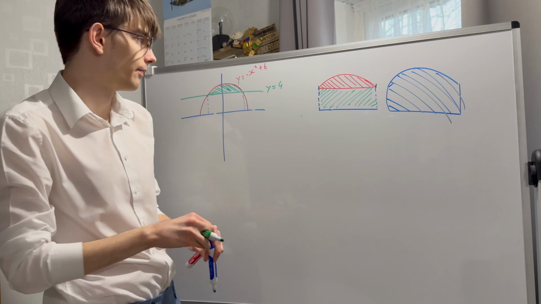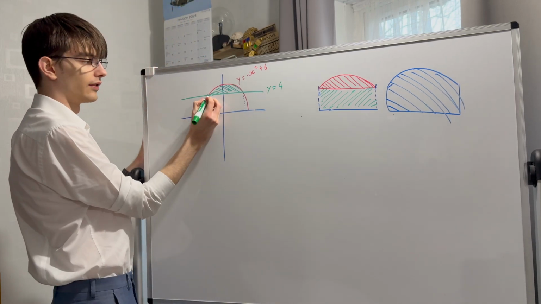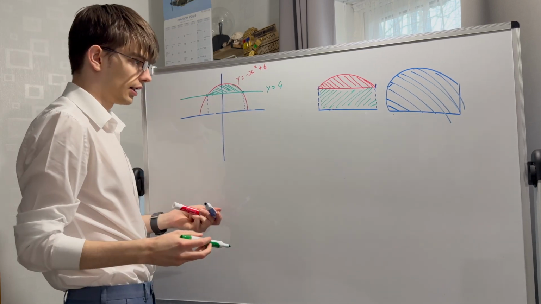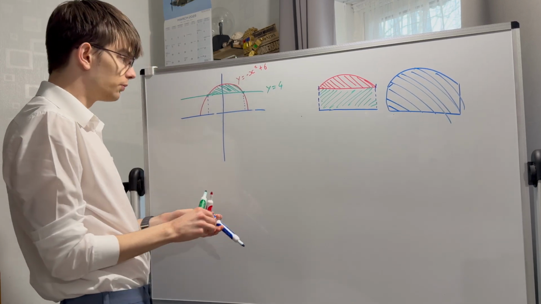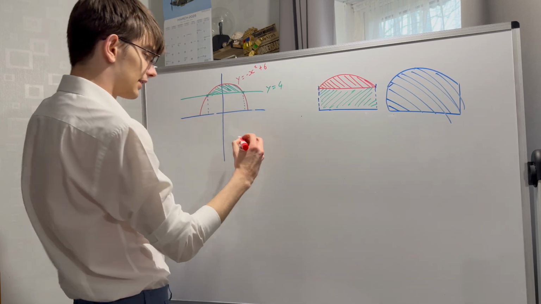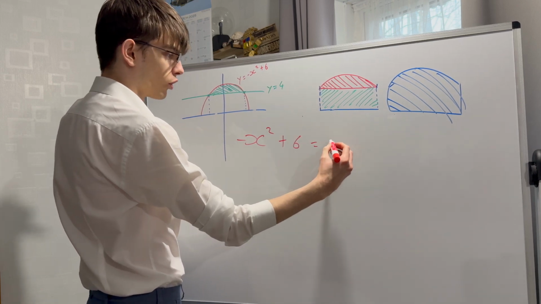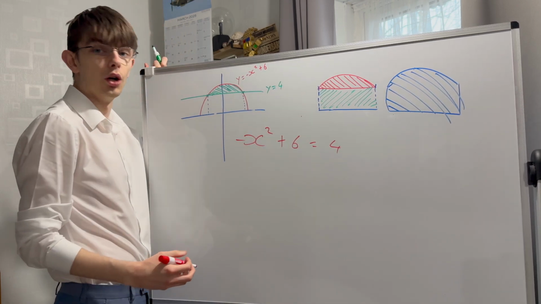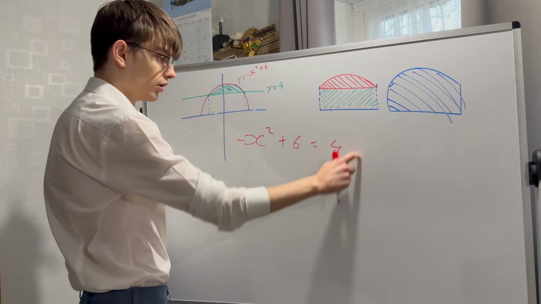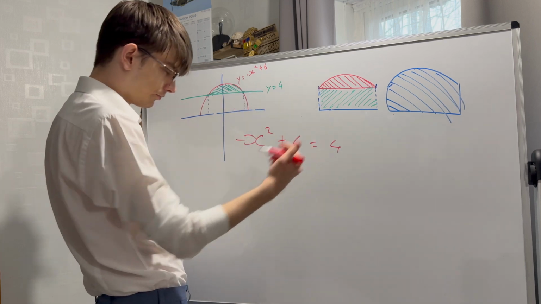So let's get started. First things first, I need to find the coordinates of these 2 points here. Those points are the intersection between y equals minus x squared plus 6, and y equals 4. So I'm simply left with an equation to solve, equating them to find those points.